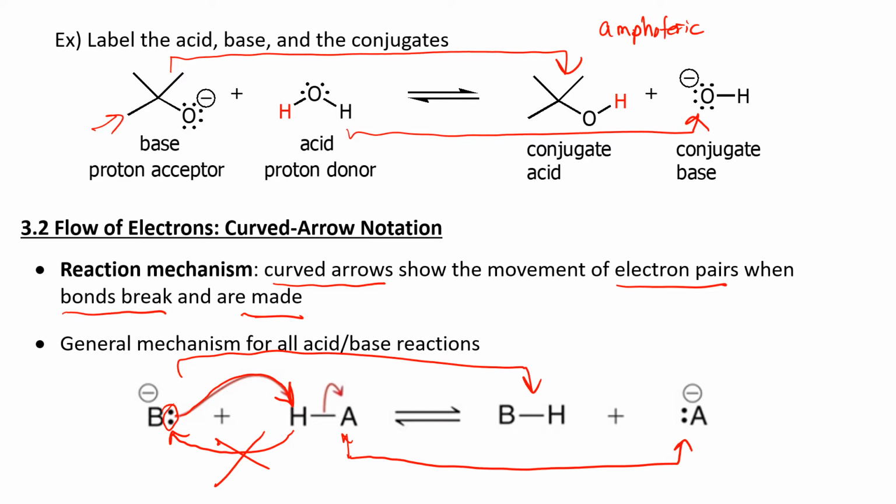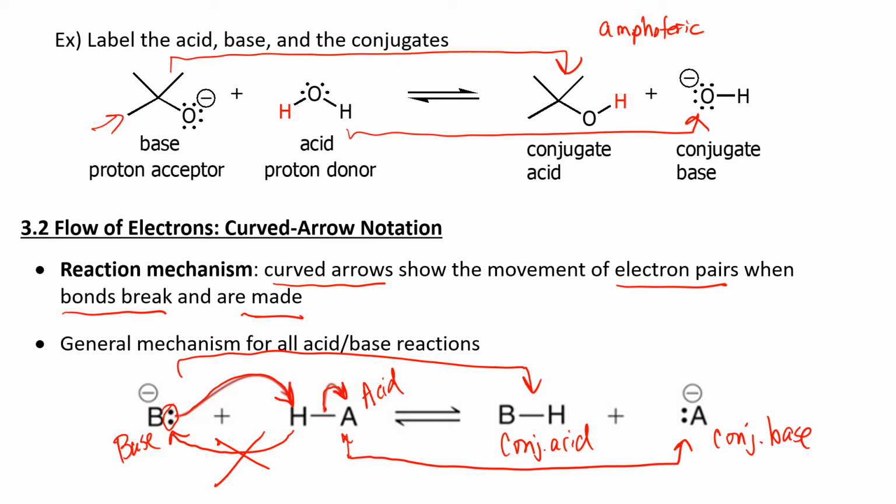So the electrons have to leave the hydrogen A bond, that's your acid, and end up on the A. So here's your base. HA is your acid. This is your conjugate acid, and A minus is your conjugate base.